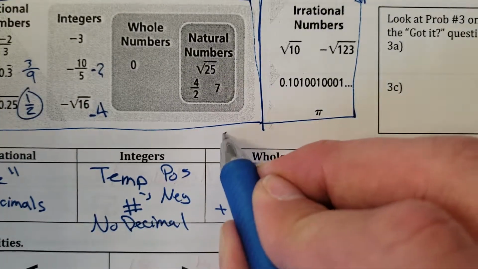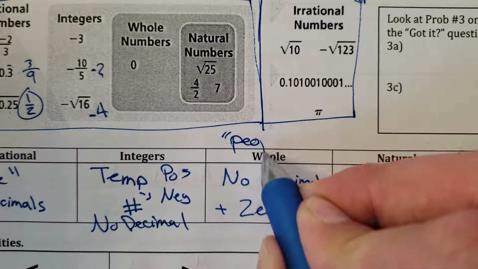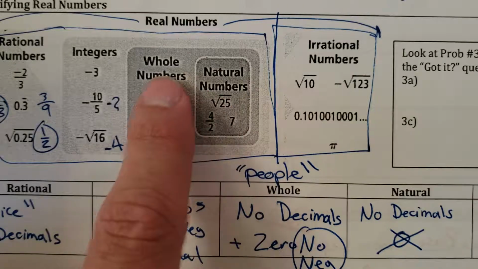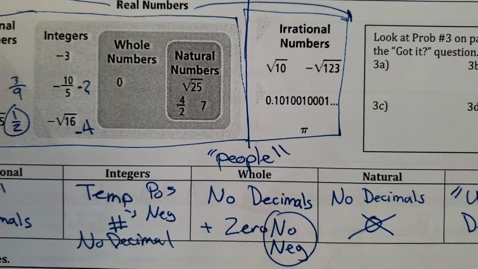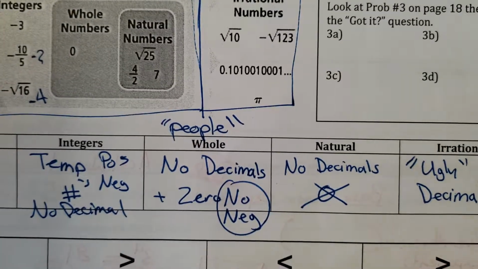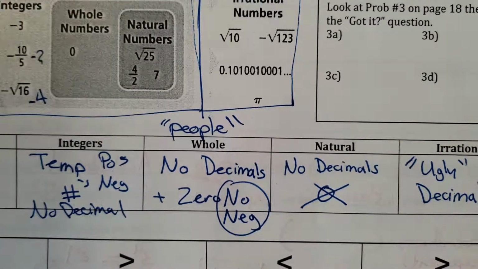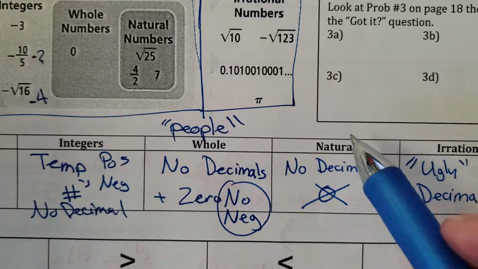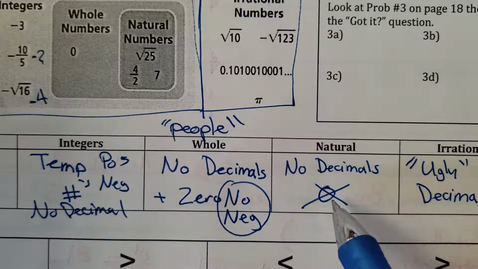So think of it that way. And then honestly, the only difference between whole numbers and natural numbers is that you can't have the number 0 in natural numbers. And I don't know why they're splitting hairs. It's the exact same as whole numbers. You just can't use 0.